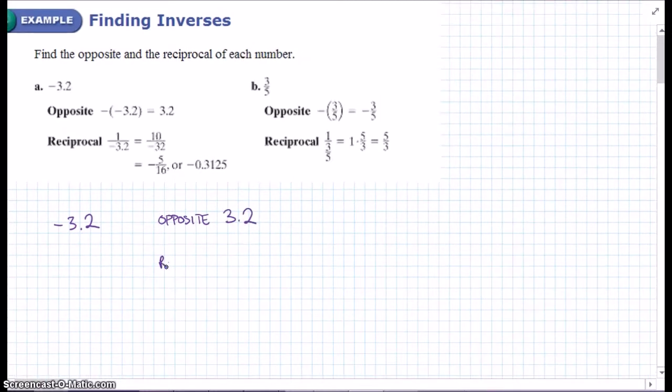What is the reciprocal? Well, the reciprocal is 1 over negative 3.2, which we could say is negative 10 over 32. We just multiplied the top and bottom by 10. Now we divide both by 2, so it's going to be negative 5 over 16.